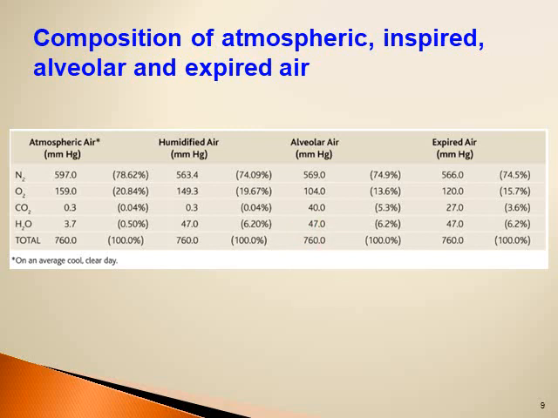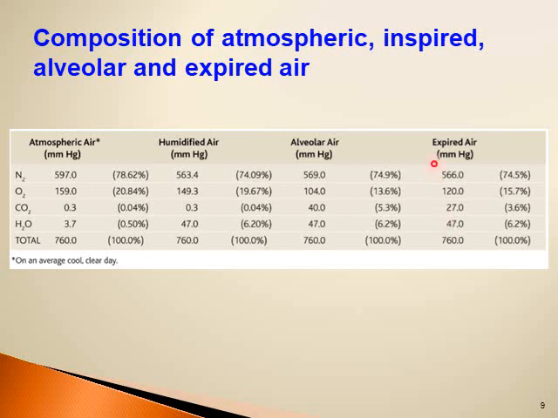Now the air will be exhaled, and you will notice that the oxygen will be a little bit higher and the carbon dioxide will decrease compared to the alveolar air. Why? Because the air that leaves the alveoli will mix with the humidified air that remains in the dead space. So the percentage of oxygen will increase slightly, and that for carbon dioxide will decrease slightly, and the total will be again 760 millimeter mercury.